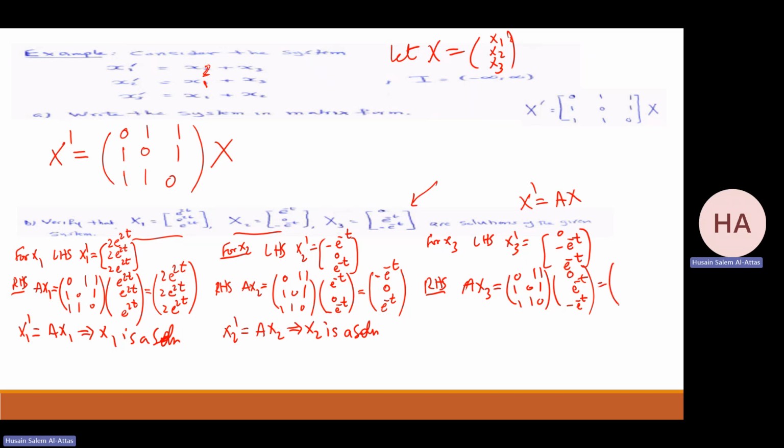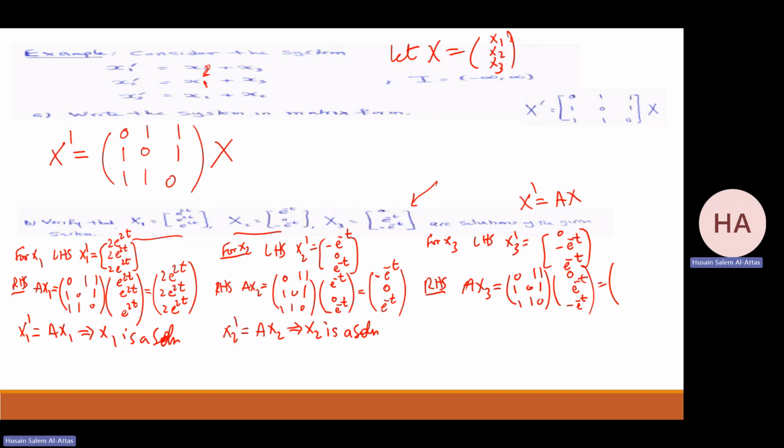If we do the calculation, that will be what? Is minus t minus is minus, that will be 0. Is minus t, 0 minus is minus e minus t. Sorry, let me be careful. 0 times 0, 0. That will be is minus t minus is minus t.